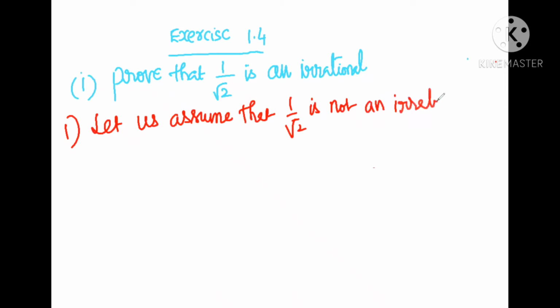This is the first step of indirect proof. We have to take the negation of the given statement. Then what it becomes? Then 1 by root 2 is a rational number.